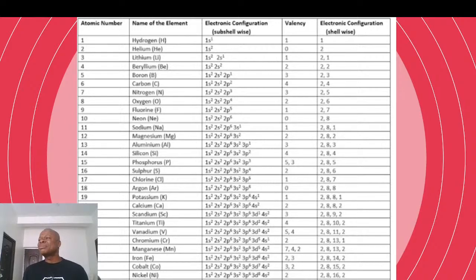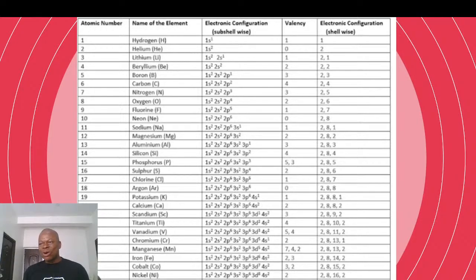Don't worry, I'm going to treat valency and explain more about it as a topic, so that when you hear about valence, it won't sound strange to you. For now, pay attention to the electronic configuration.